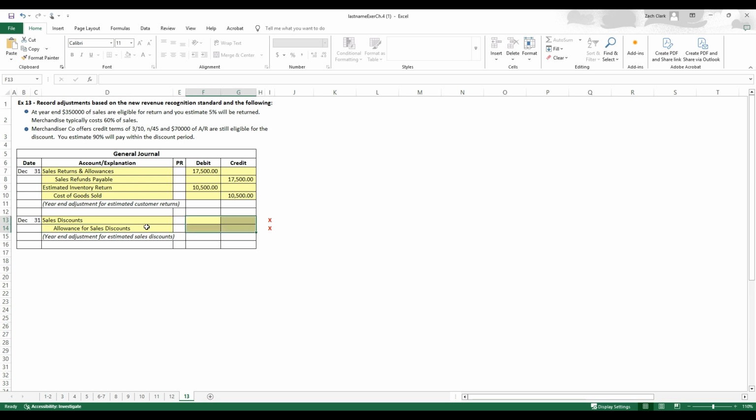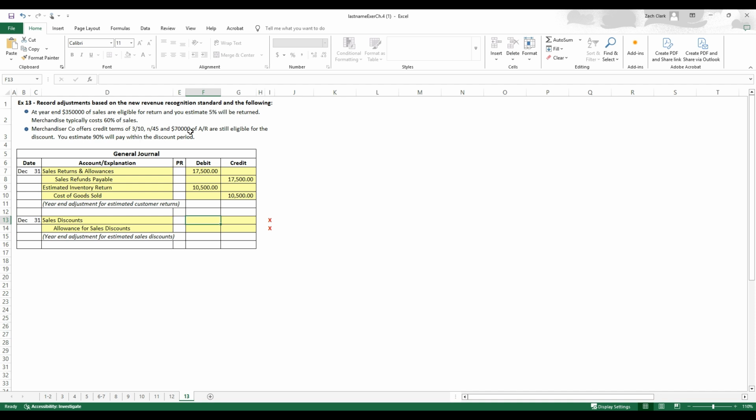So we're not specifically reducing any asset or receivable in this instance. It's an estimate, but we are going to put in this credit to account for the fact that it's likely that we will not receive a portion of this amount outstanding.